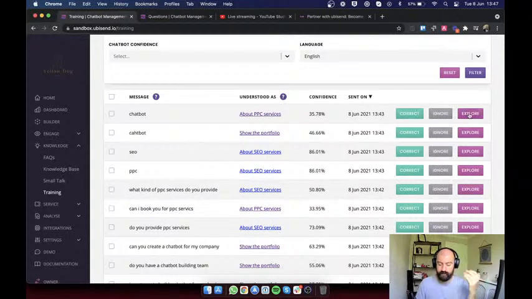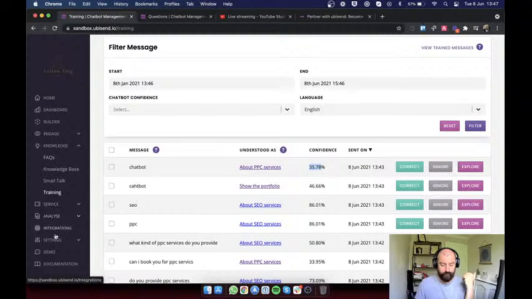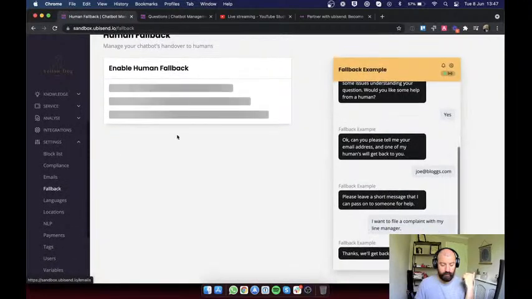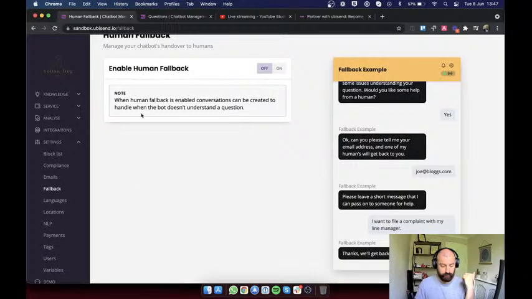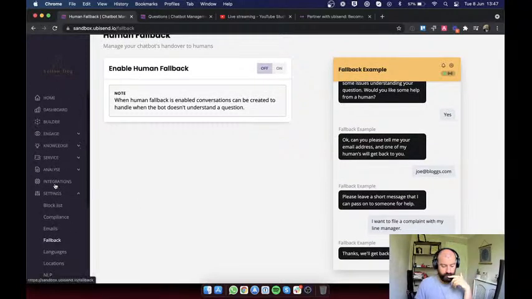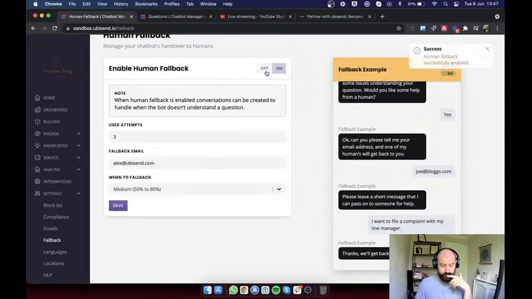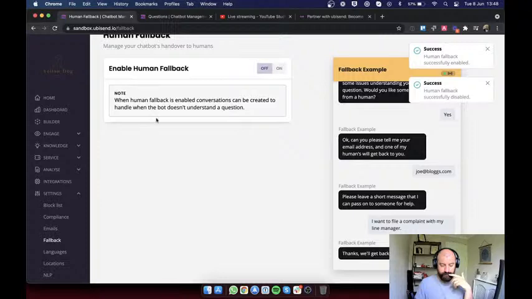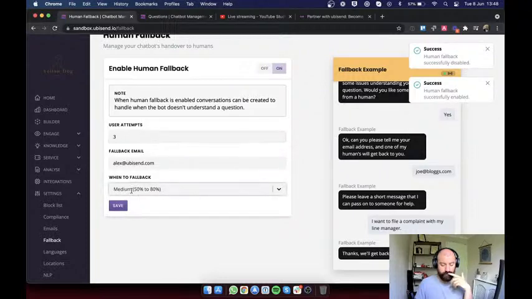So Chatbot didn't understand it at all. It went below even the basic confidence score that it's supposed to have. I think this Chatbot is probably programmed to fall back after below a certain, what's it set at? Let's see. Yeah, I turned it off. So it's set to below 50%.